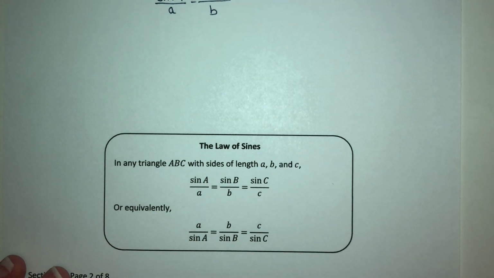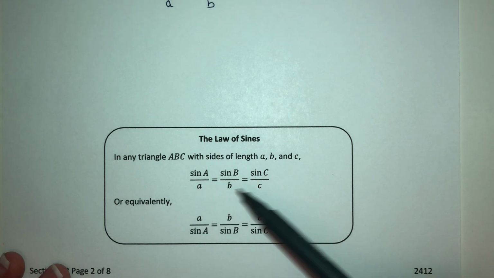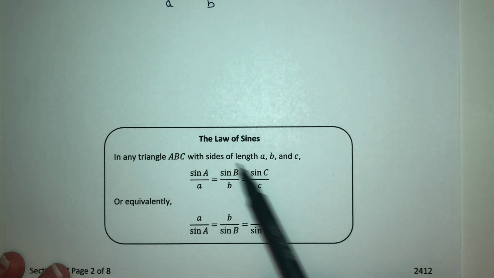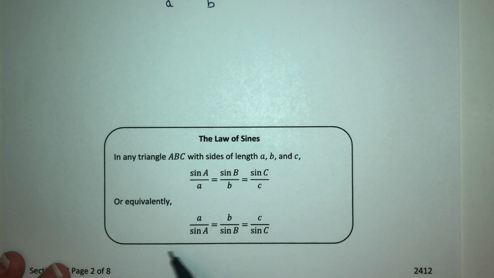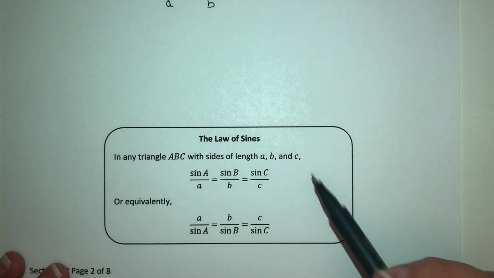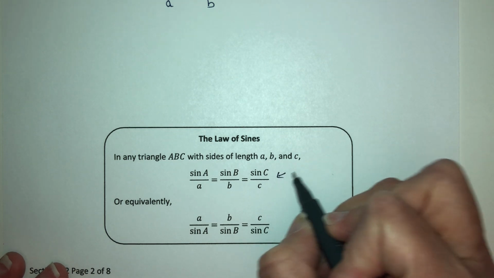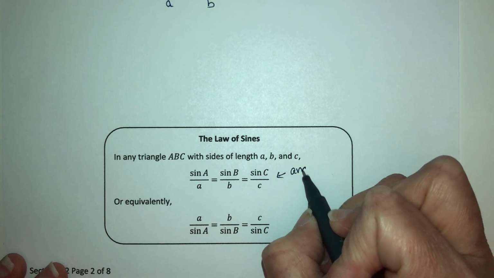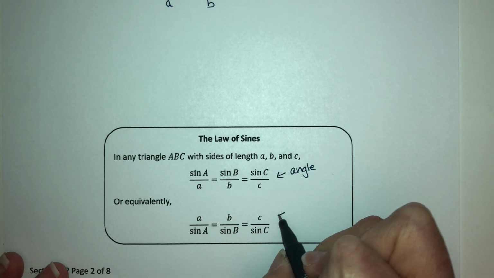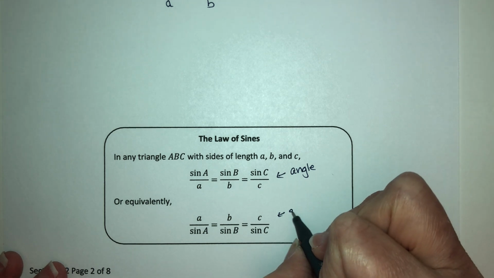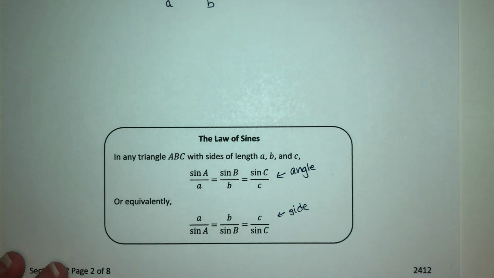And what's more is that if you flip every single fraction here, you have the same relationship. This version is most useful when you need to find an angle. And this version is most useful when you need to find a side. But either version will work in either case.